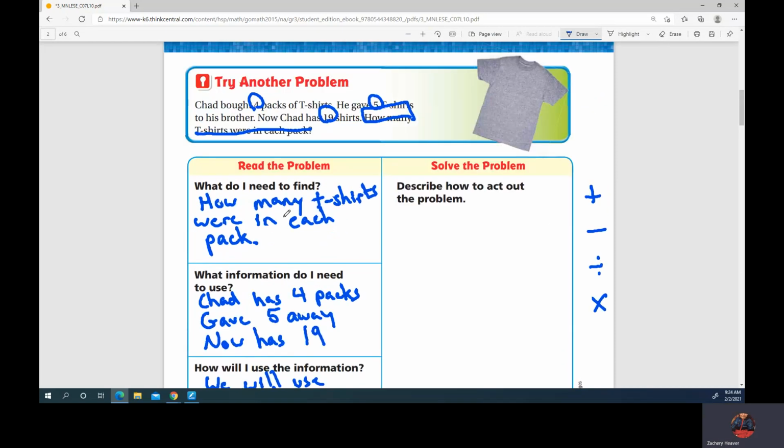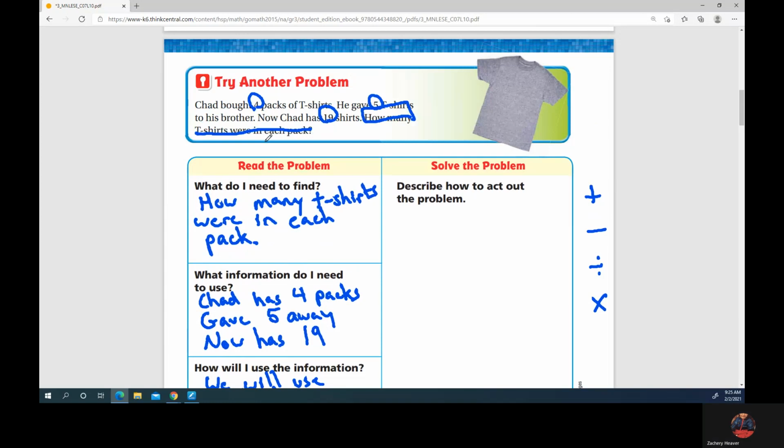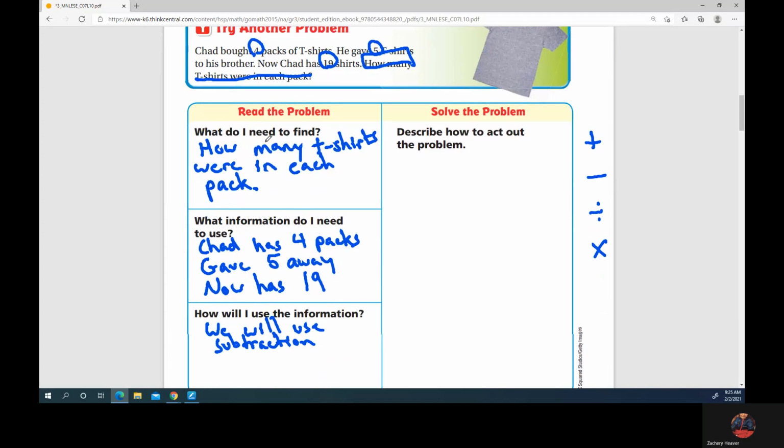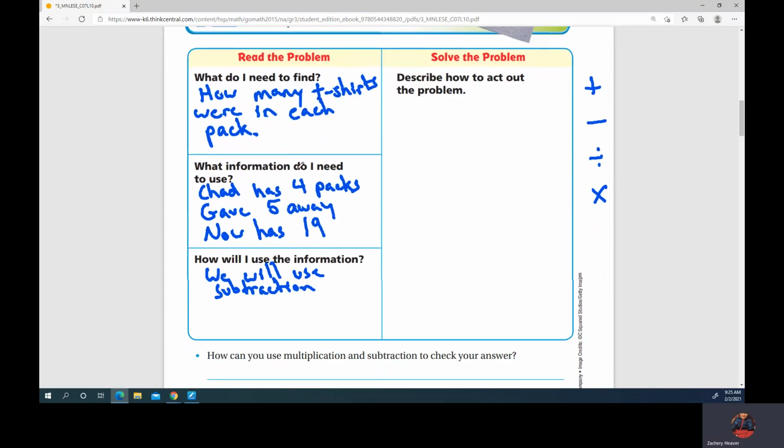And what else do we got to use? 4 packs. He gave 5 away. Now he has 19. Well, we actually could use, we will use addition, actually. We can use addition or subtraction, because we could do back and forth.